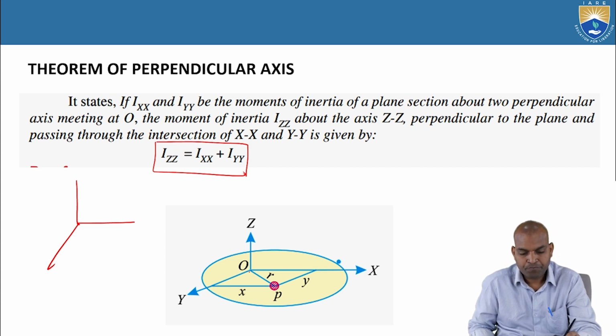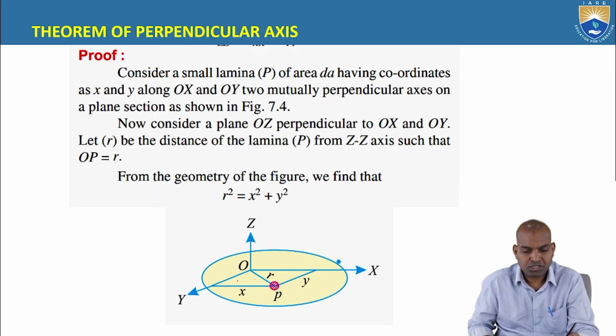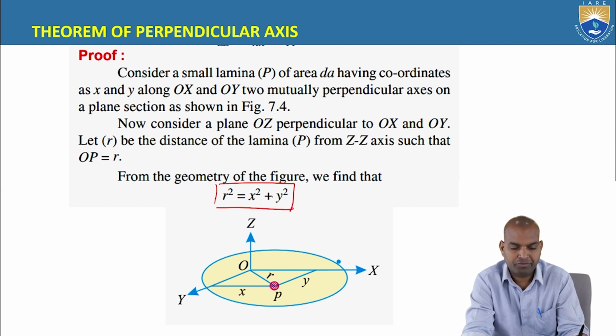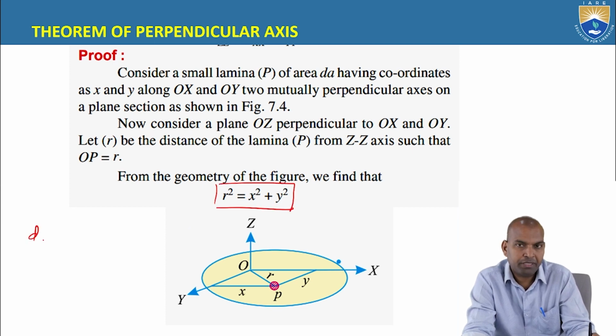Let us begin. From the geometry of this figure, r square equals x square plus y square. If you multiply with the elemental area on both sides, dA r square equals dA times x square plus dA times y square.